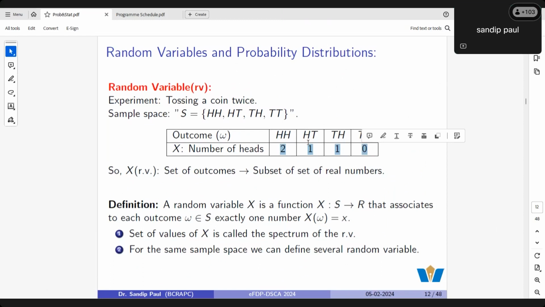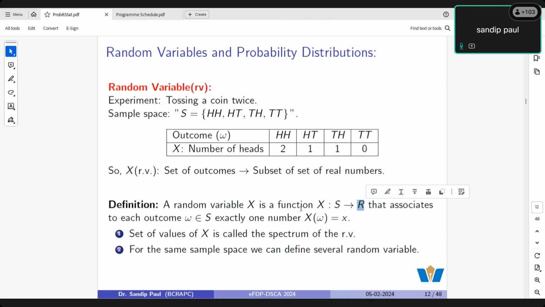You can see here we have the sample space, and we are defining a number X. So we can say this is the variable which converts the outcomes to a real number by some rule, and in that case the domain is the sample space and the range will be the real numbers. So in that case we'll write X of omega equal to a particular value x.